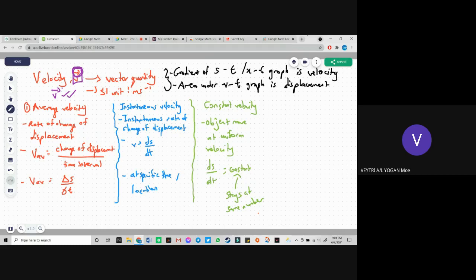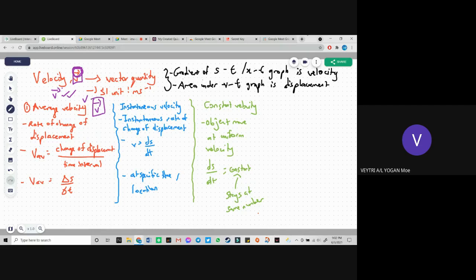Now, bila nak guna arrow ni? Bila dekat soalan dia bagi sudah. Itu nombor 1. Bila tak payah guna arrow ni? Tak payah guna arrow ni bila the whole question is about velocity je. Tak ada kaitan dengan speed. The whole question asking about velocity, go ahead, write v saja. Kalau the question ada cakap tentang speed juga, you have to do this to differentiate between velocity and speed. Okay?